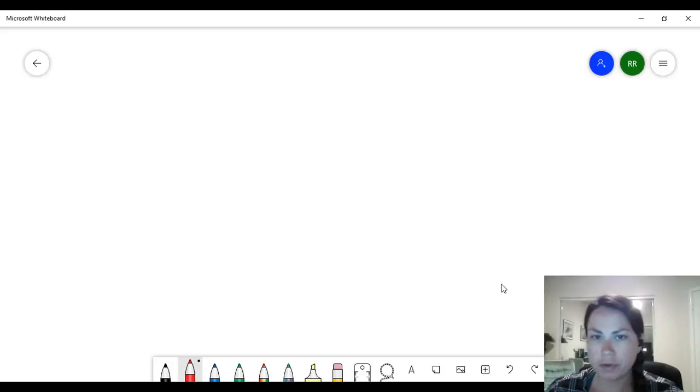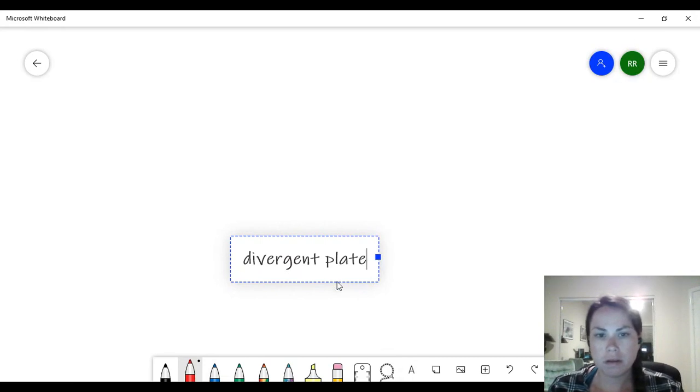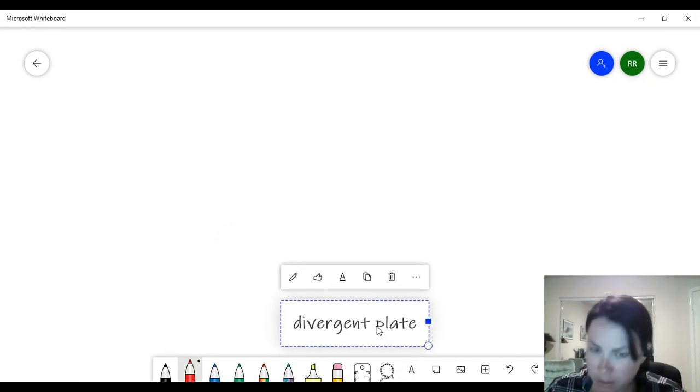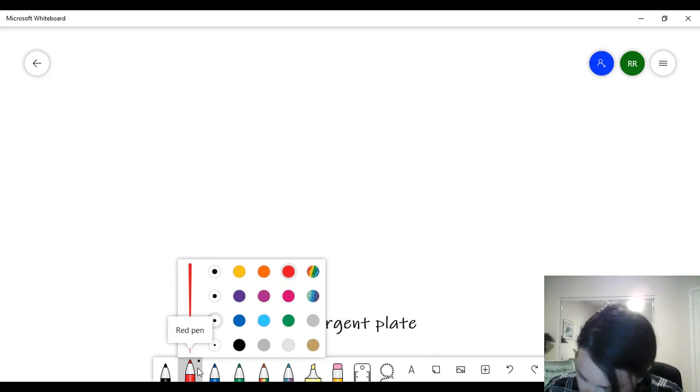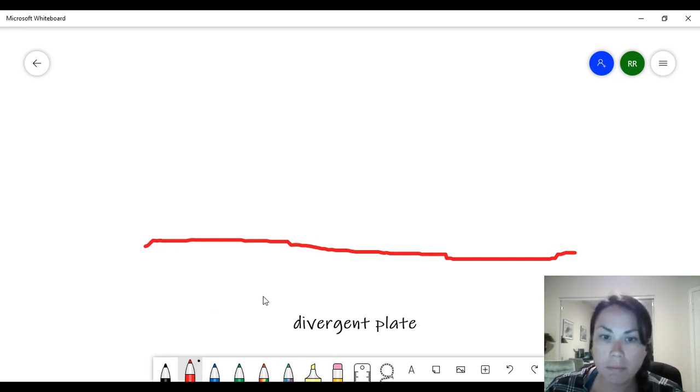About the hopefully success of this drawing app. And so I'm going to draw a divergent plate. Okay, so a divergent plate is where you have the asthenosphere, and there's the plate boundary located here.